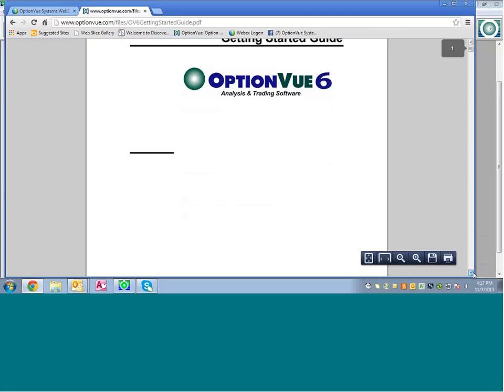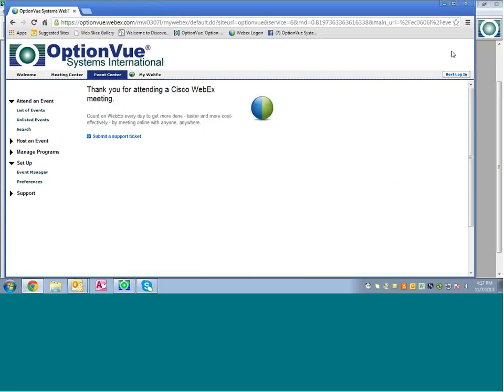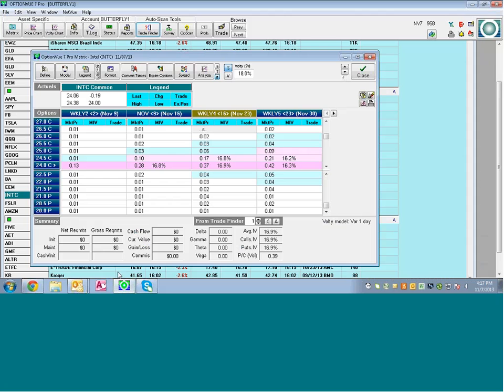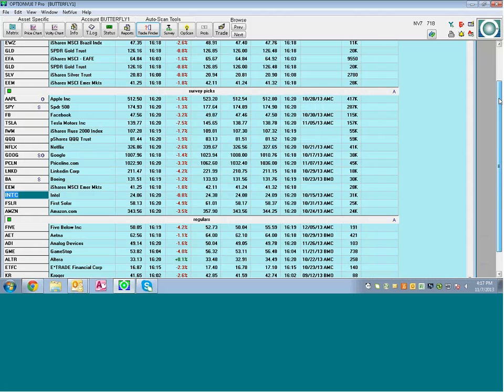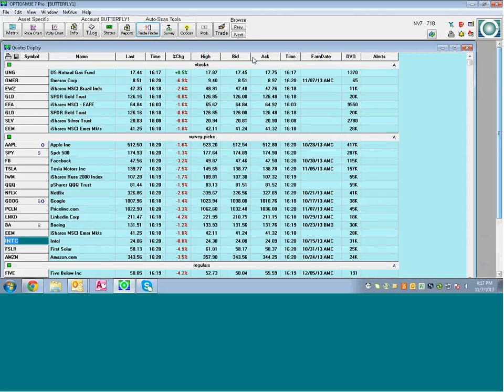So at this point, let's recap what we did today. The very first thing that we wanted to do when we come into the quotes display is make sure that we've got quotes coming in by looking at our logo and making sure that the little moon is circling the globe.